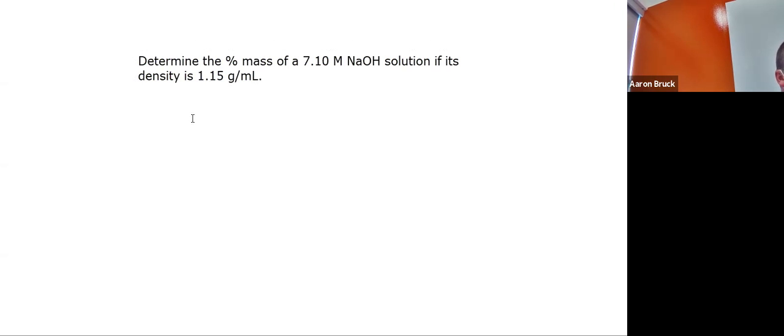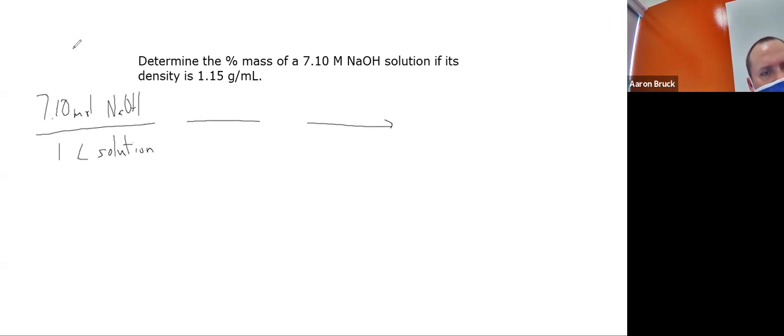We have to know what we have. I've got 7.10 moles of sodium hydroxide in every 1 liter of solution. And I want to take it to grams of sodium hydroxide per 100 grams of solution, if possible.